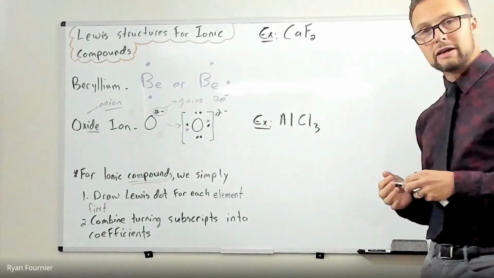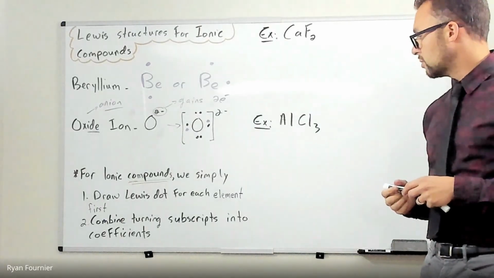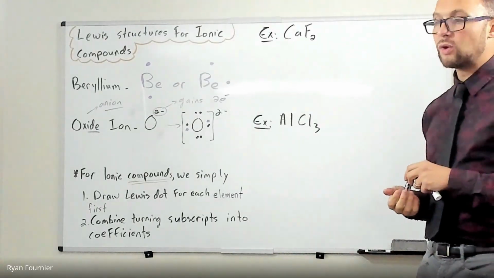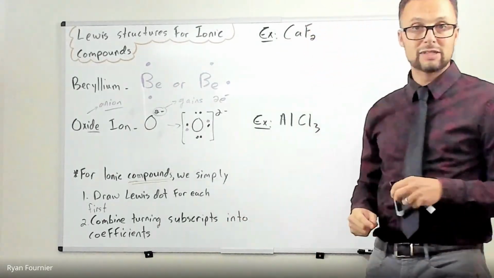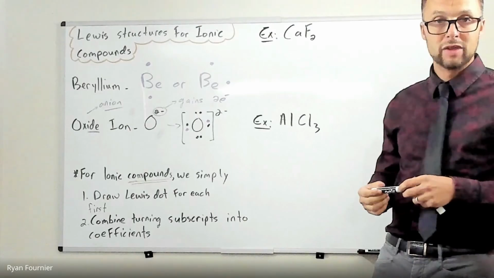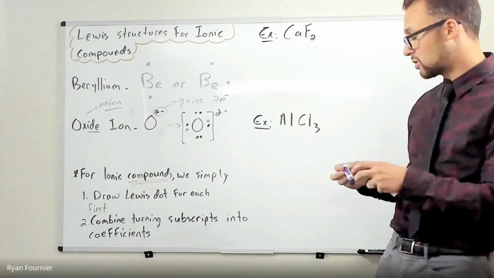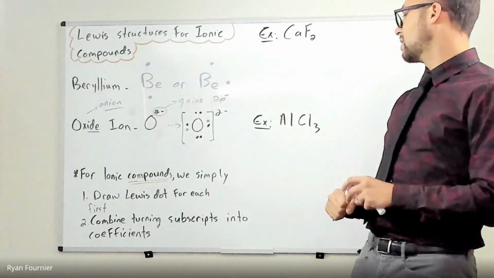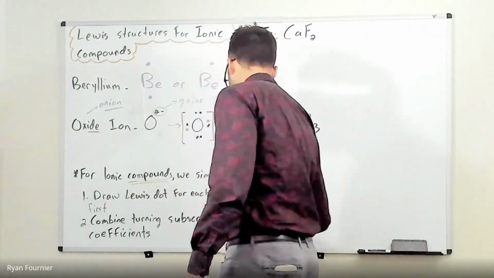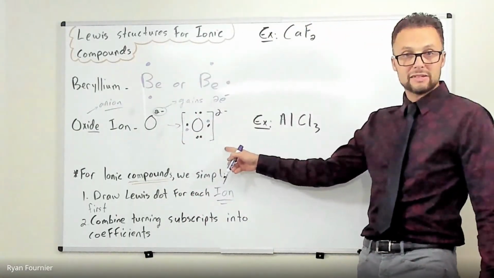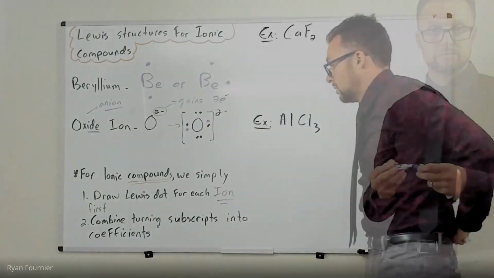But it's an ionic compound, right? So when it comes to ionic compounds, it's filled with ions. That's why we call it ionic compound, right? So what's more of a real accurate description is draw a Lewis dot for each ion, because I should see brackets for the ions.